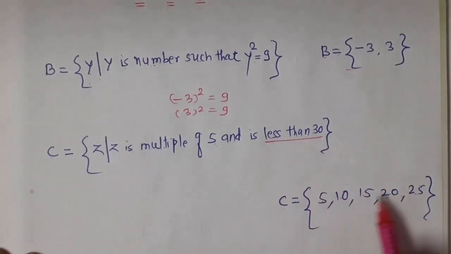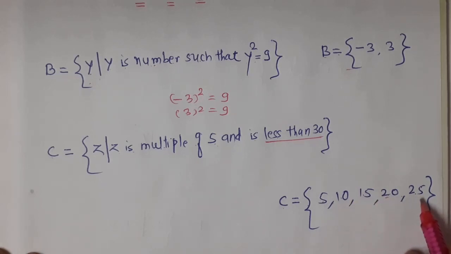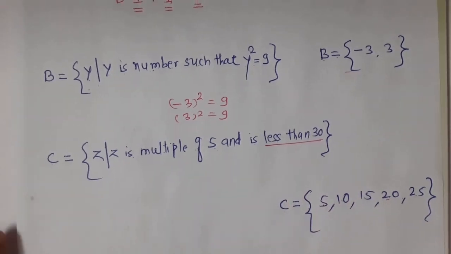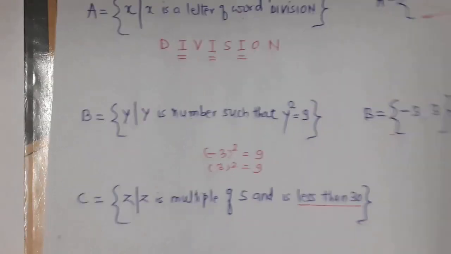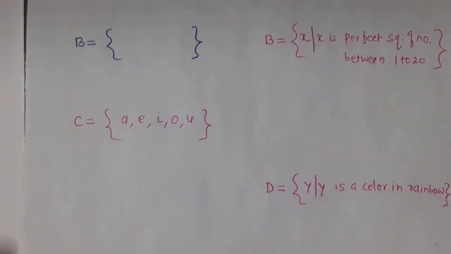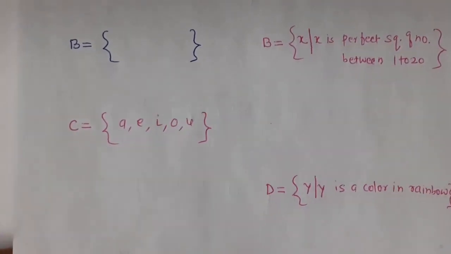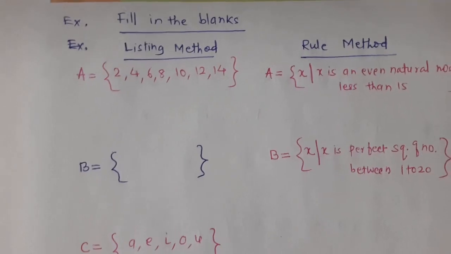So 5, 10, 15, 20, 25. Like that you have to solve the rule method or listing method.